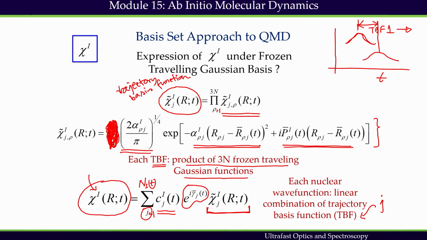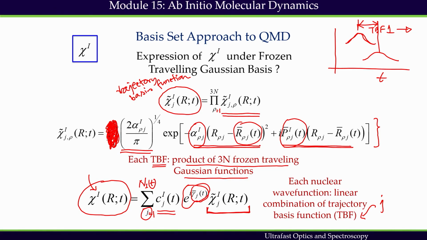And alpha, this alpha_I rho_j, represents the time-dependent width of the respective Gaussian function. Then R bar_j(t) represents the time-dependent position. Then P represents the time-dependent momentum, and gamma represents the time-dependent phase.